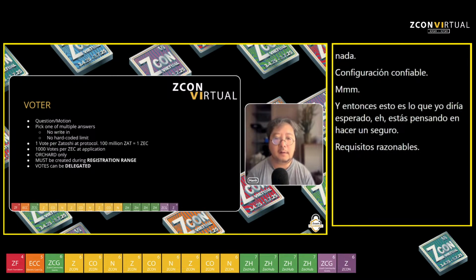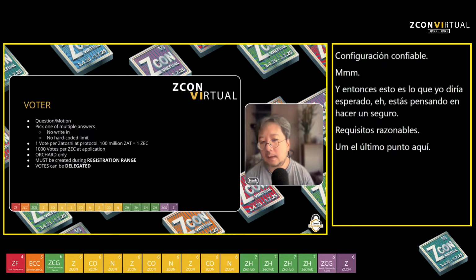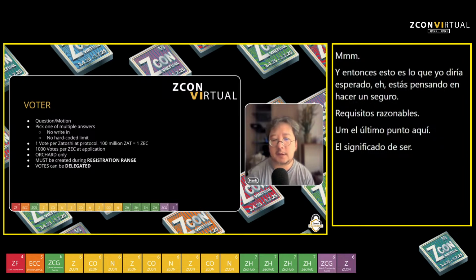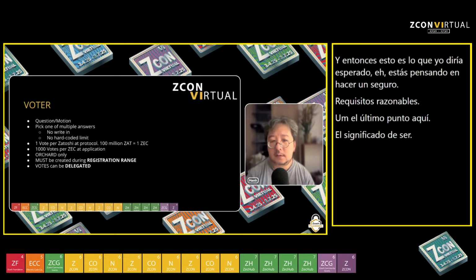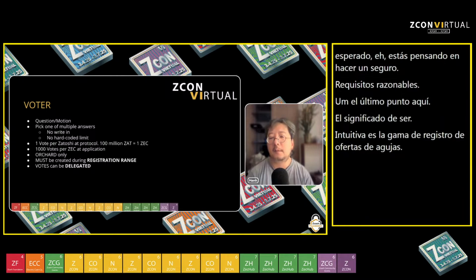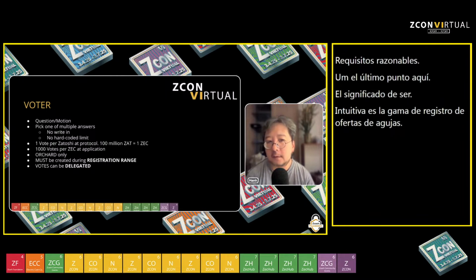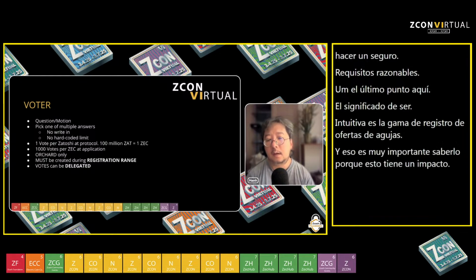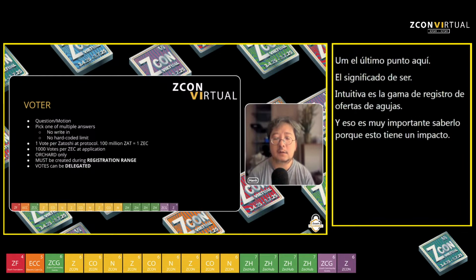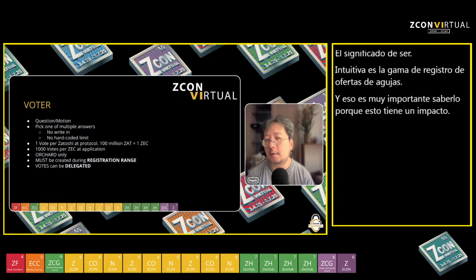The second to last point here, that may not be intuitive, is the need for a registration range. And that is very important to know, because this has an impact on your ability to vote. As an elector, when you look at an election, you would have a particular range of blocks.